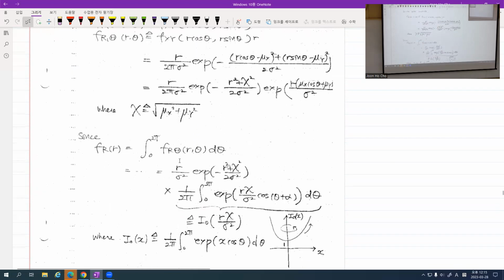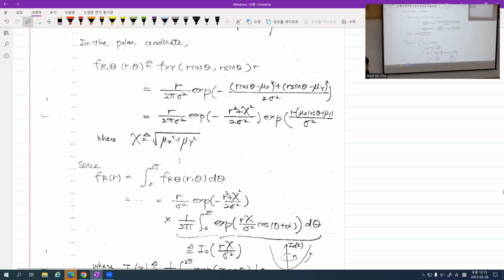However, this part is very difficult and important. If we have a non-zero mean case, the conversion to polar coordinates does not give us a factoring of the density of theta and the density of R. Here, this is the joint density.